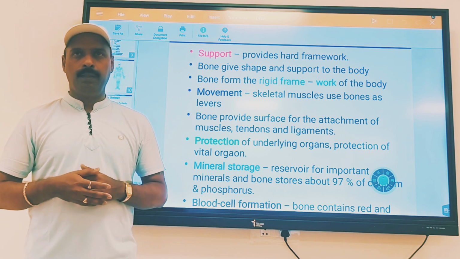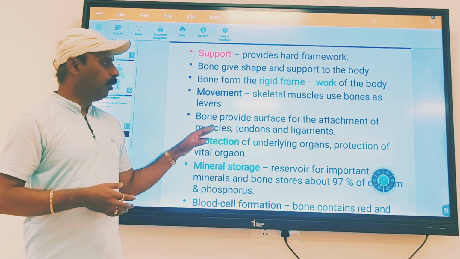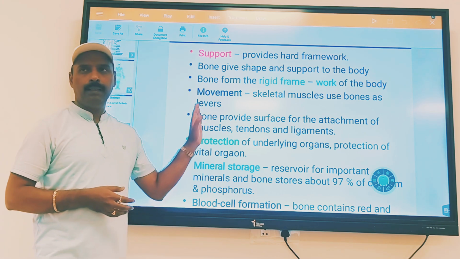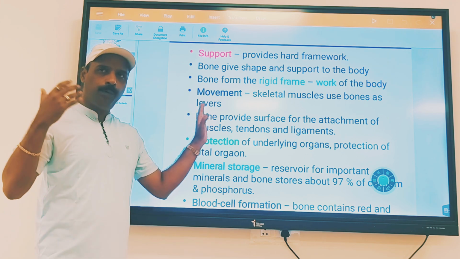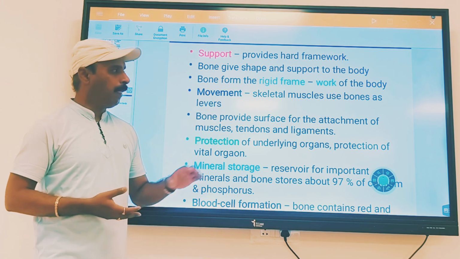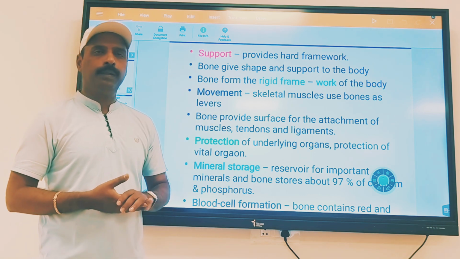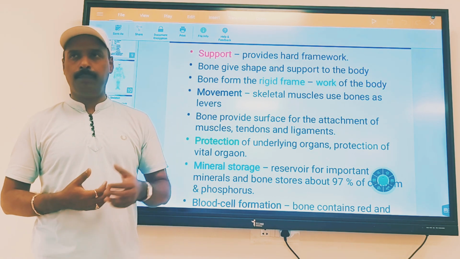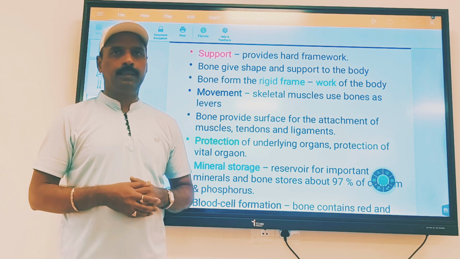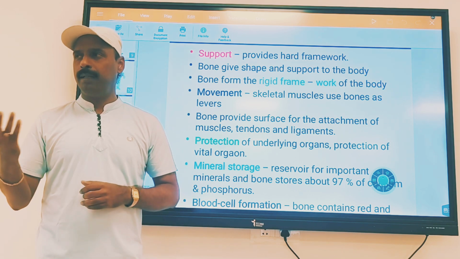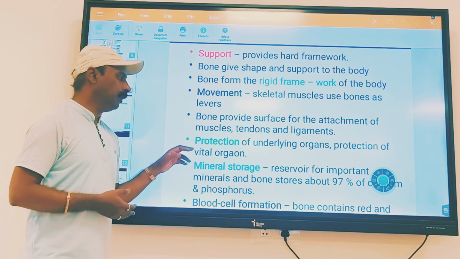Osteo is bone, so we get osteology, the study of bones. Before we start osteology, you should know the basic important points relating to bone. This appears simple, but when different questions are asked in twisted form, you are unable to answer. That is a very important thing to remember.